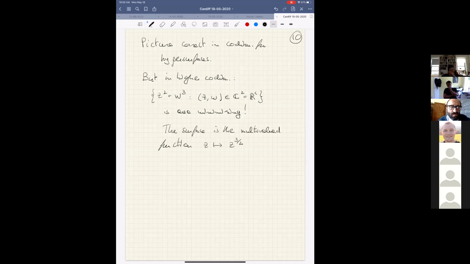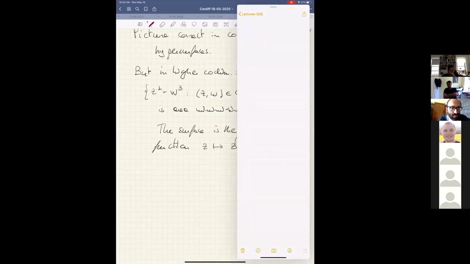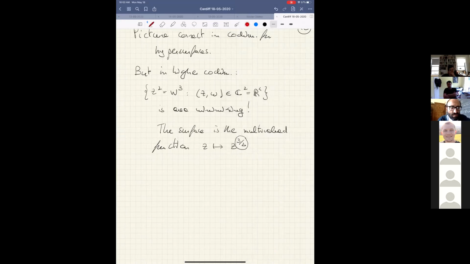And this multivalued function, of course, is very flat in a neighborhood of the origin, precisely because this exponent is larger than 1. Hence very flat at the origin.